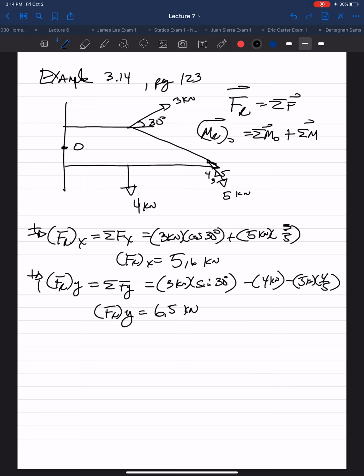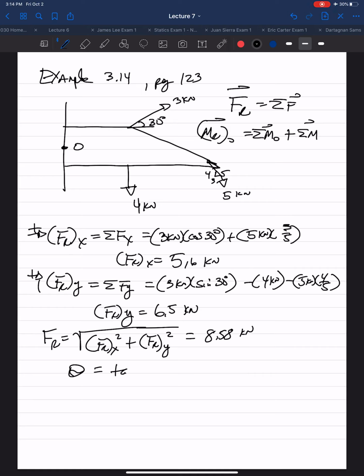So the magnitude of the resultant force, square root of FRx squared plus FRy squared, you get 8.58 kilonewtons. Theta, this is kind of review now from our earlier work in chapter 2, gives you 49.3 degrees.